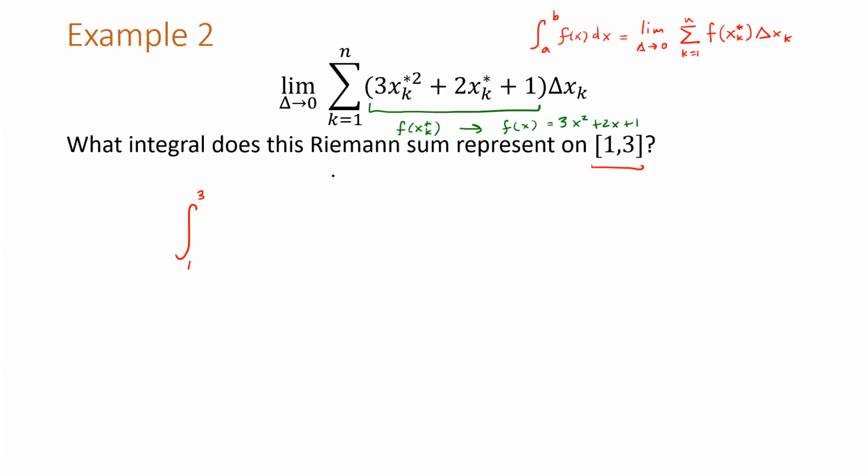So really, all this represents, it's a limit of Riemann sums, right? So what this represents is the net area under the curve 3x squared plus 2x plus 1 on the interval from 1 to 3.